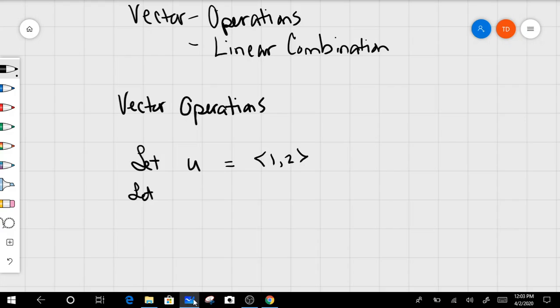And let vector, I don't know, w equal component form 3, 1. If I wanted vector u plus vector w, then that would result in 4, 3. 1 plus 3, 2 plus 1. It's that simple.